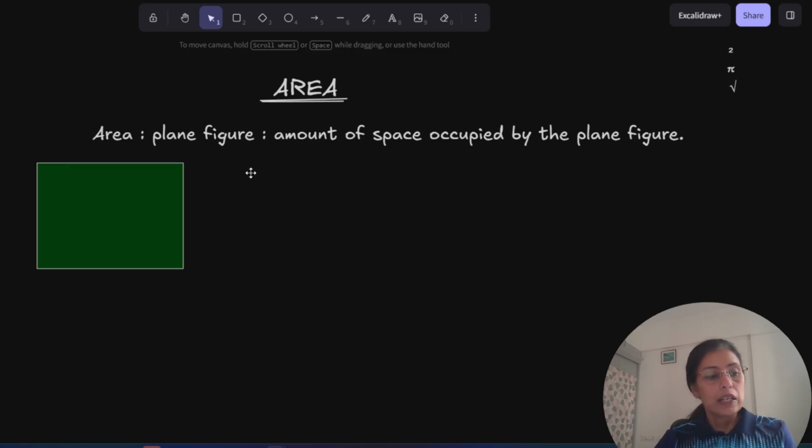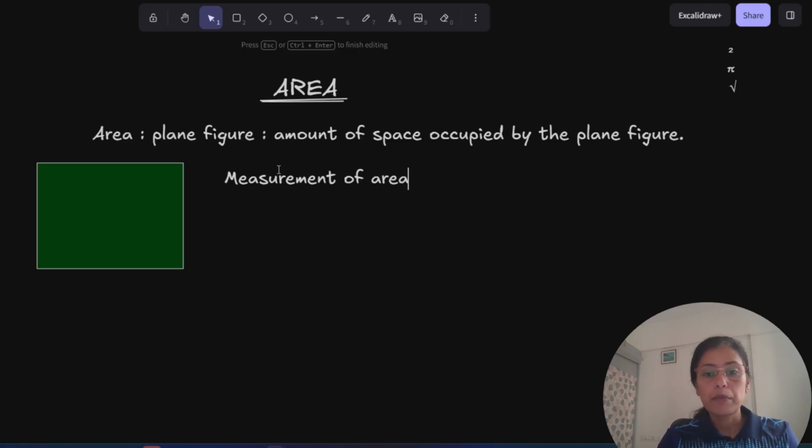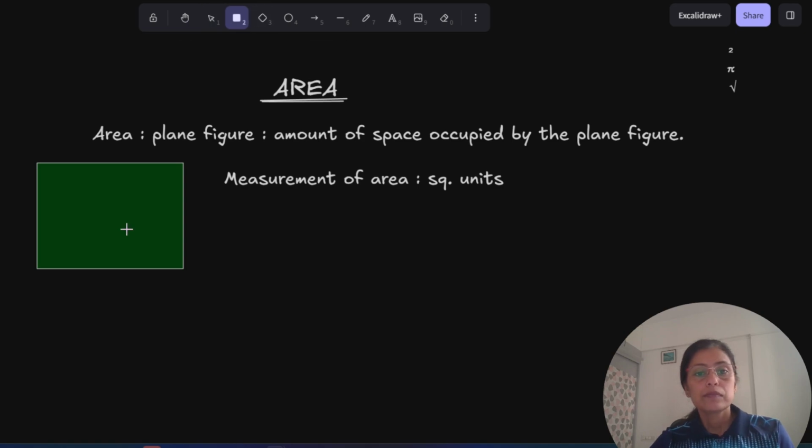Okay. Now, how do we measure the area? Measurement of area. So measurement of area is done in terms of square units. For example, I will take a square.